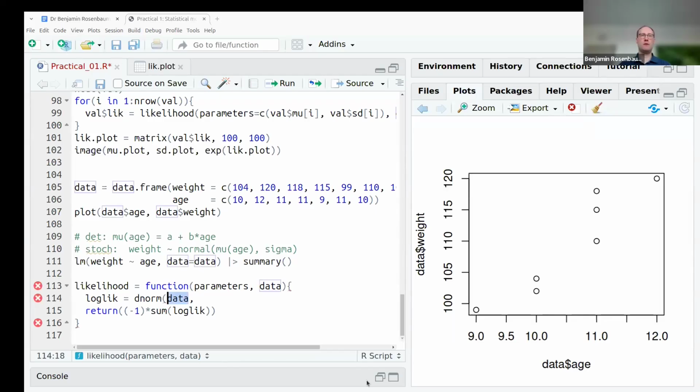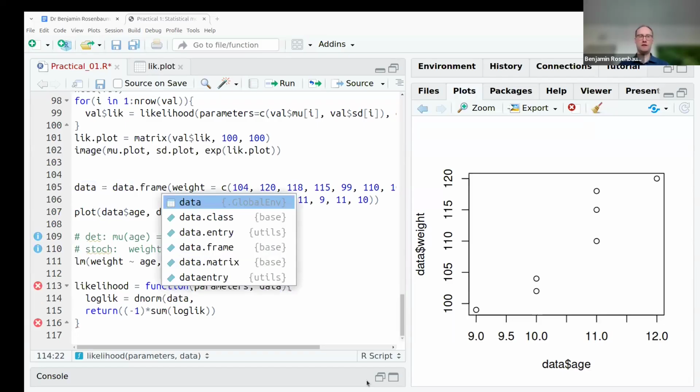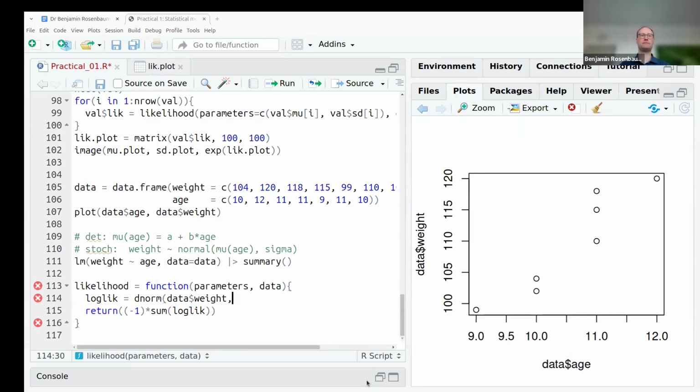So we have a normal distribution. The response is data$weight. The mean now is the mean regression line, and it can be computed from the parameters, right? So this is the intercept, the first parameter, plus the second parameter times age.